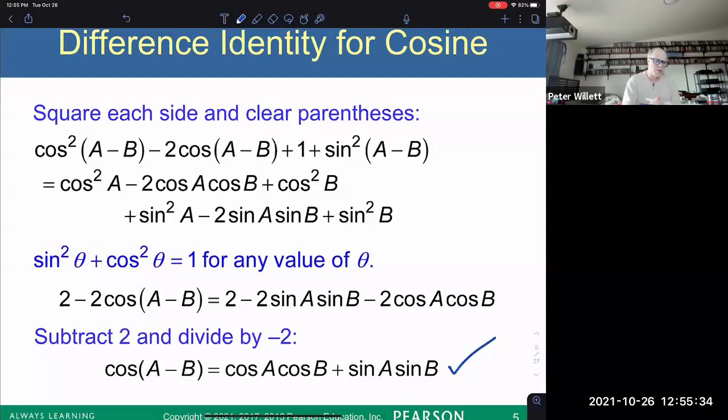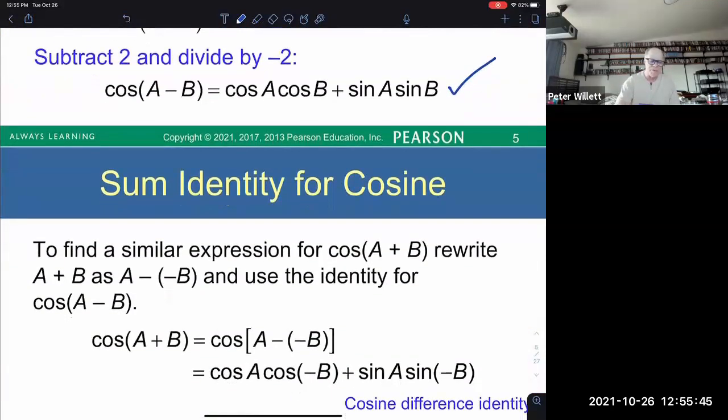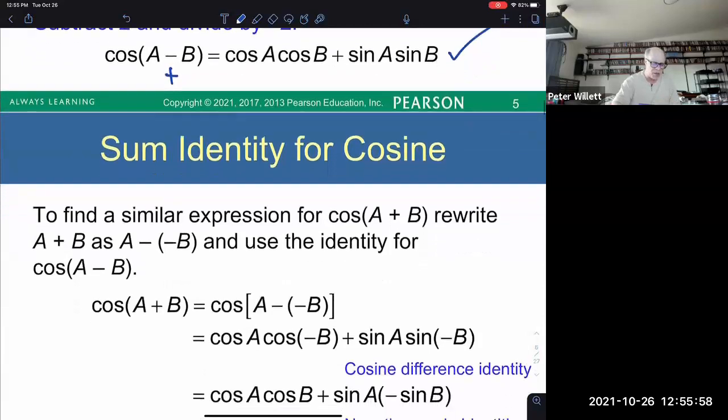As it says on the top, this is the difference identity for cosine. Then they go into the sum identity for cosine, which would be what you'd have if you have a plus there instead of a minus. They spend a couple of slides showing how to get that as well. So let's skip over those, and then we'll put them together to take a look at them more carefully.